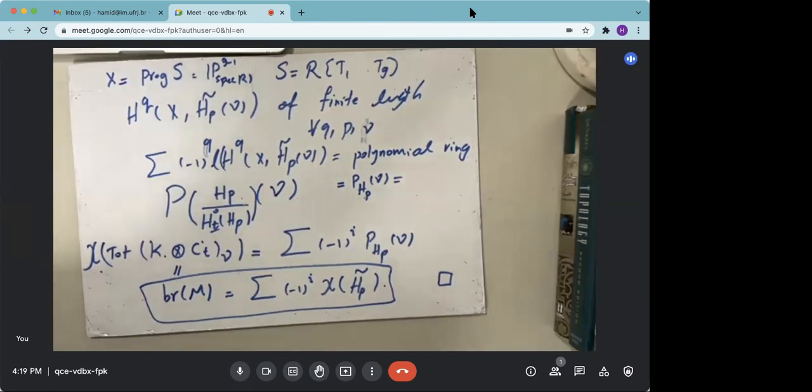I wonder if any of this has an impact in the Buchsbaum-Rim theory.